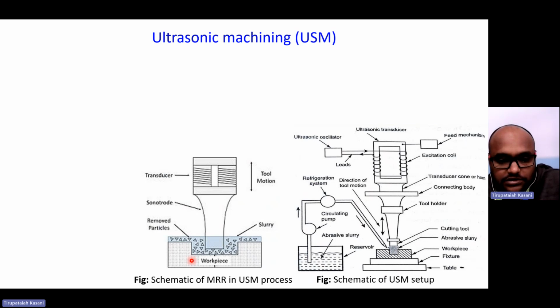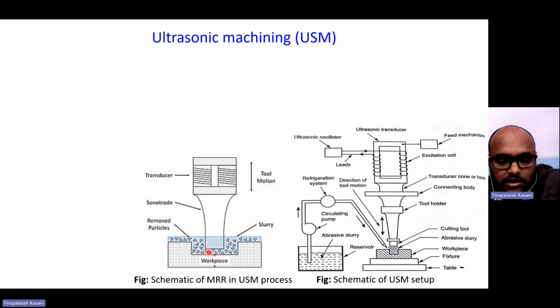This is the workpiece and this is the slurry. See how the abrasive particles, these are the abrasive particles. This is the slurry consisting of them. See here, these are the removed particles. The flow direction will be like this; the slurry is coming like this. When it comes here, the tool will hit the abrasive particle and it will hit the workpiece, and the workpiece material is removed.